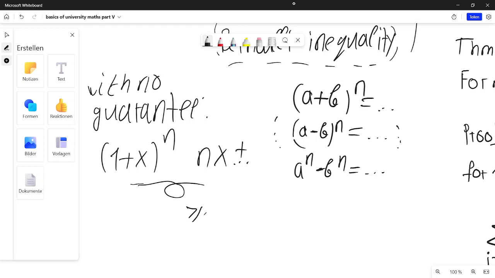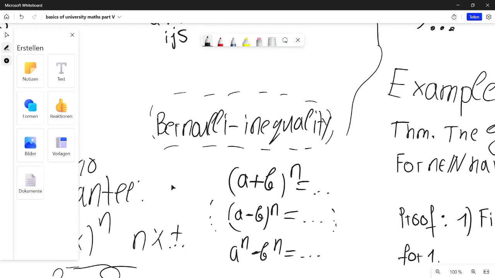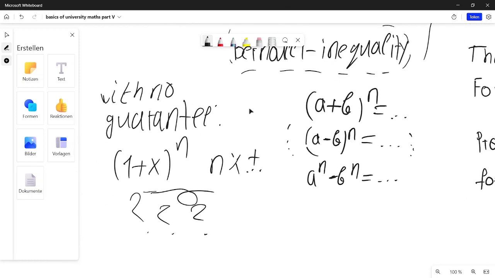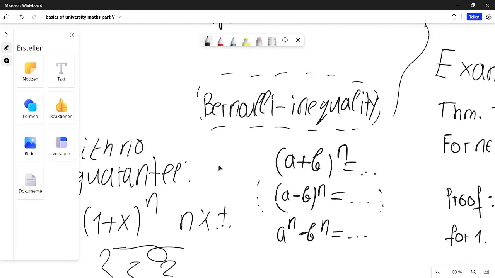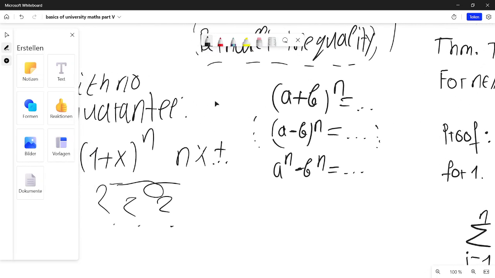Yes, that would be too trivial. So that can't be it. Yeah. So there is something like that. I didn't recall the Bernoulli inequality, unfortunately. Though it's a useful tool in some proofs, especially in starting proofs in calculus. It's a useful tool.